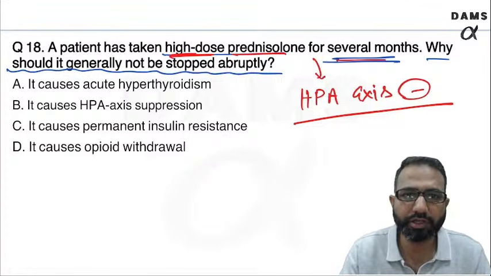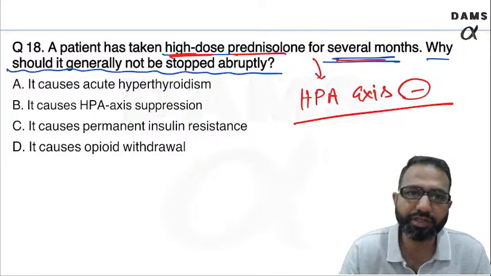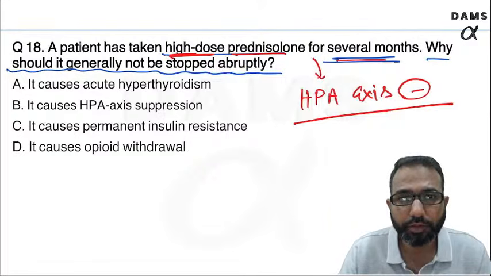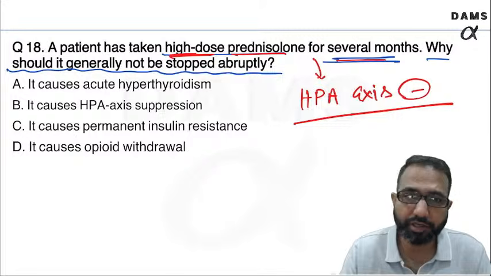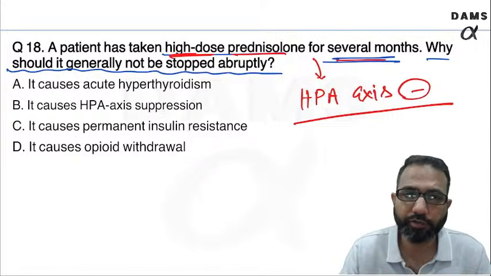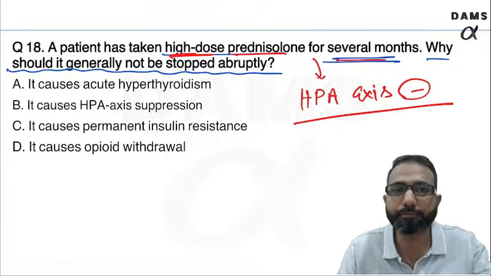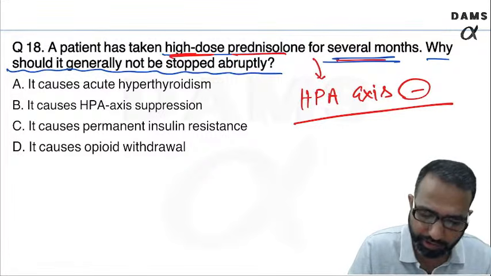The axis is suppressed, there is no cortisol inside because the adrenal is suppressed. No cortisol, so you need to give it continuously. If you stop suddenly, what happens? There is adrenal failure, because the adrenal is already suppressed and you stop from outside. There is no cortisol inside now. There will be sudden adrenal failure, and sudden death is possible. So taper down so that the axis will get stimulated again. Does it cause hyperthyroidism?